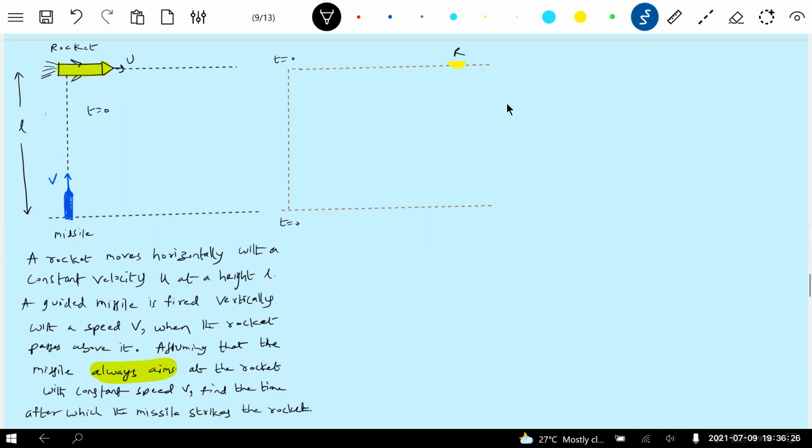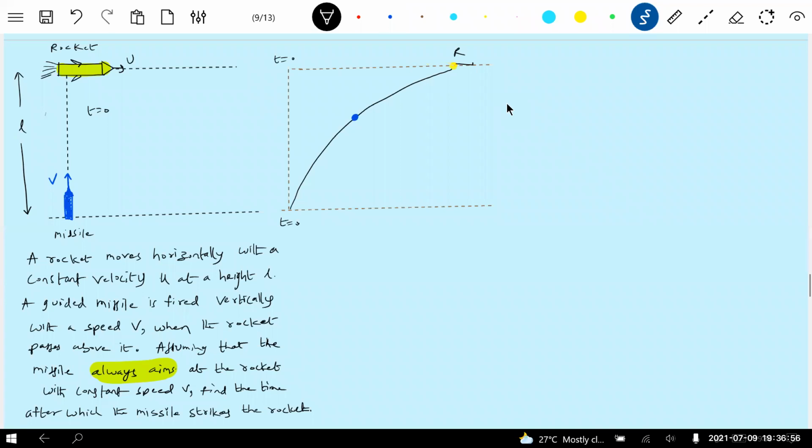The missile should aim at that one. So therefore the path of this will be in that direction, or you can just put a dot. We will use a dot. It will continue to move with its velocity.